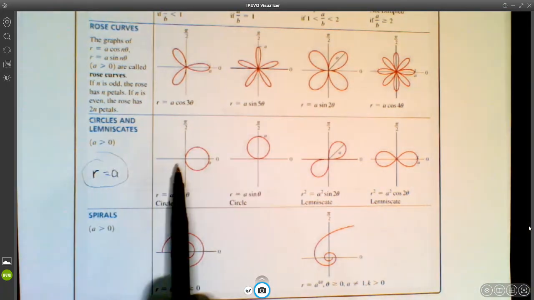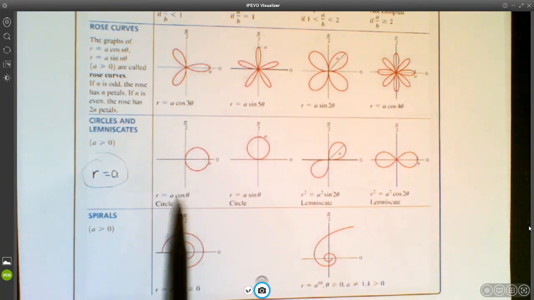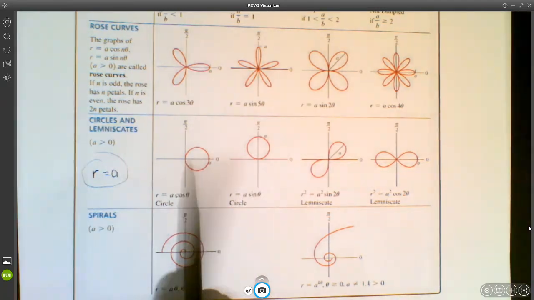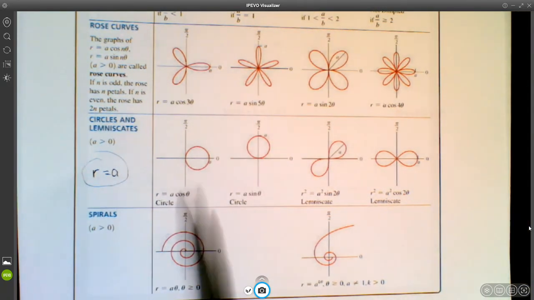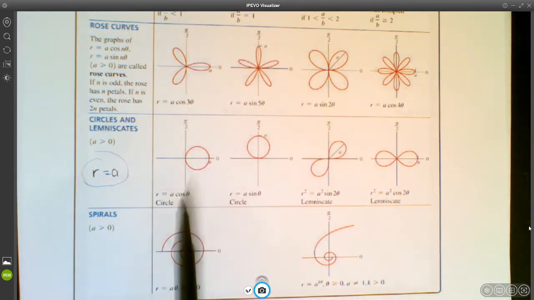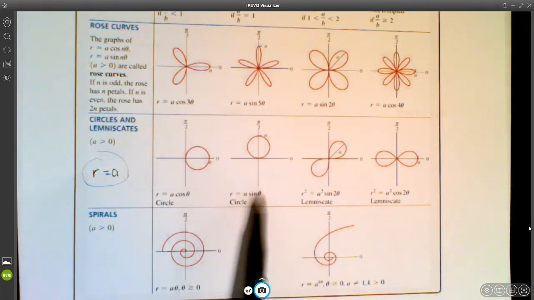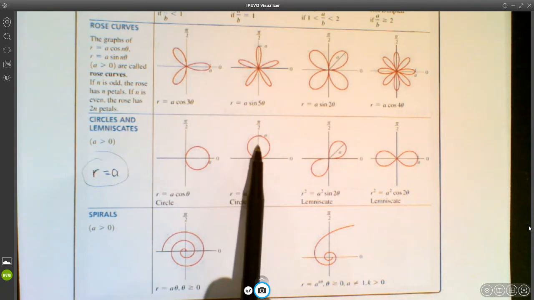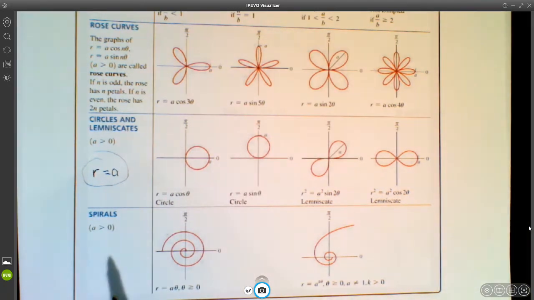But if you have a circle that's not centered at 0, 0, then it's going to be something like this. Although these circles that have this format always have one of their edges on the point 0, 0. But anyway, r equals a cosine theta is going to open up to the right. r equals a sine theta is going to open up along the y-axis, I guess you could say.